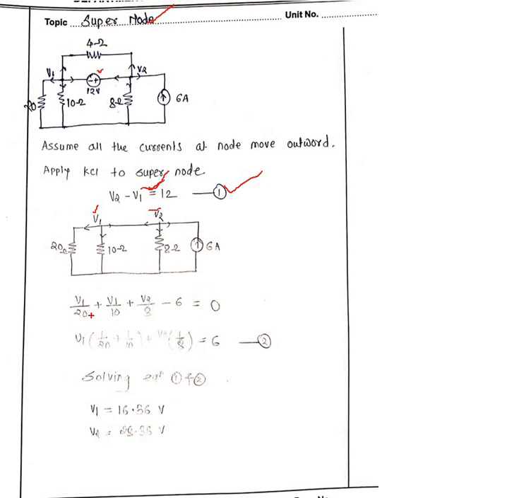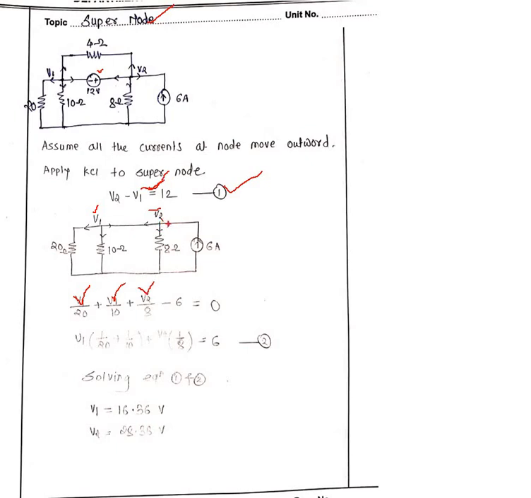How to write the equations? There are 2 nodes, as it is. Then write the equations. Here V1 by 10, then V1 by 20. Between here, nothing is there, so don't write. Then V2 by 8.